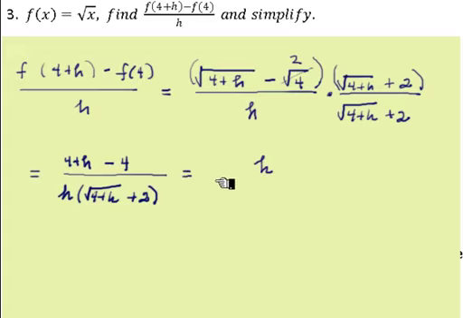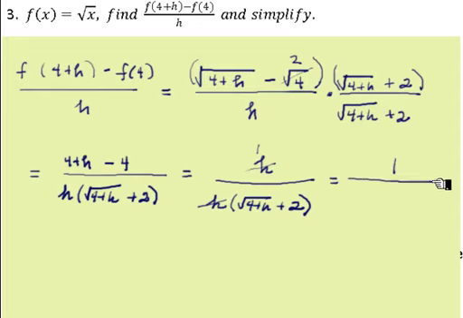So there's that h popping out that we were looking for. And it's going to cancel with this h in the denominator. So we do the canceling, left with 1 in the numerator. And here's the simplified difference quotient: 1 divided by square root 4 plus h plus 2.